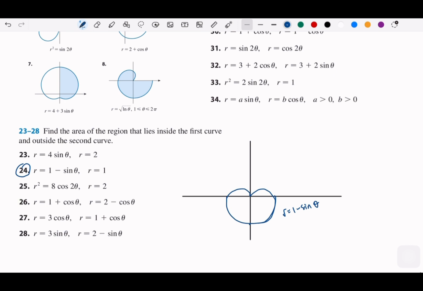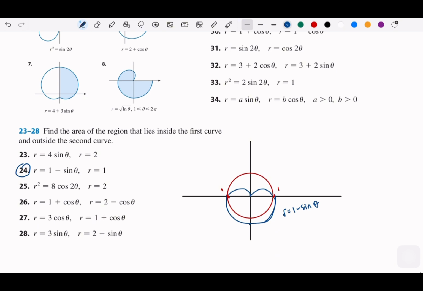Now the circle r equals 1. So this is 1, this is also 1. So the circle should intersect at that point.